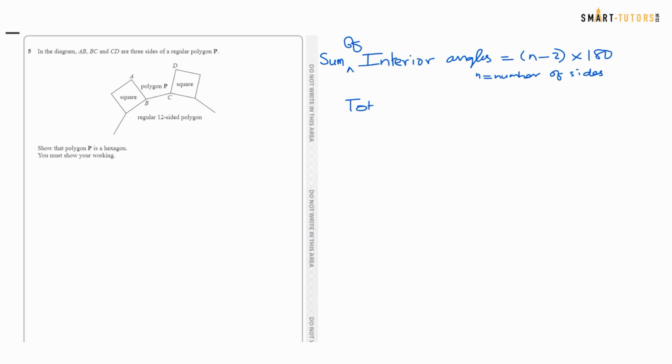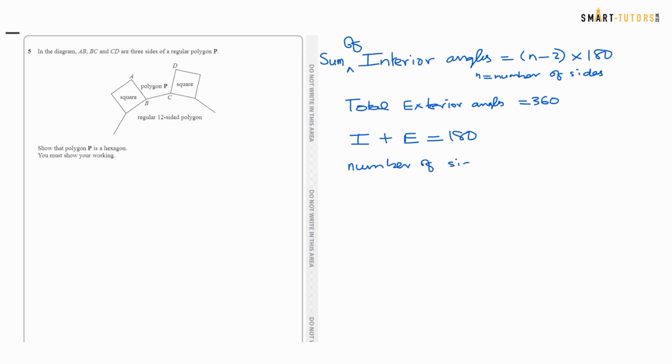And the total interior and exterior angle. So total exterior angles for any polygon is 360. One interior angle plus one exterior angle is going to be 180.